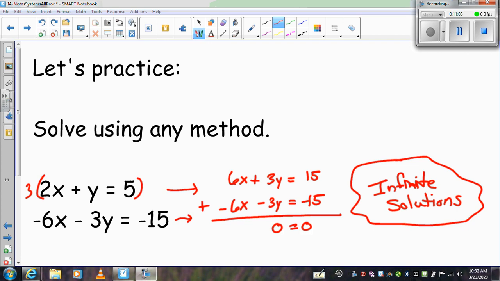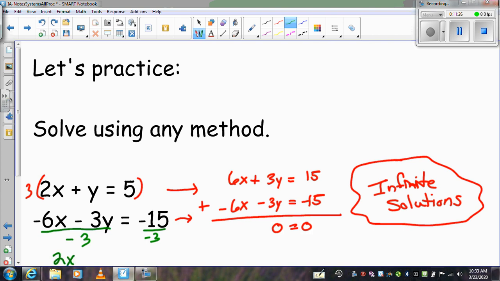Just so that you know, there are multiple ways of solving this. I happen to choose the addition method, but a method I've used in the past was dividing both sides by -3. If I divide both sides by -3, you might notice that I end up with 2x plus y is equal to 5.